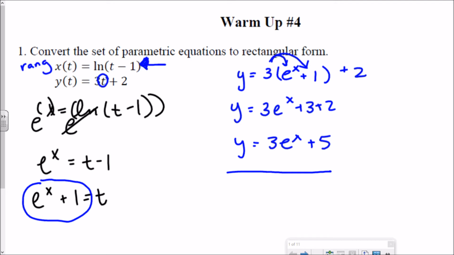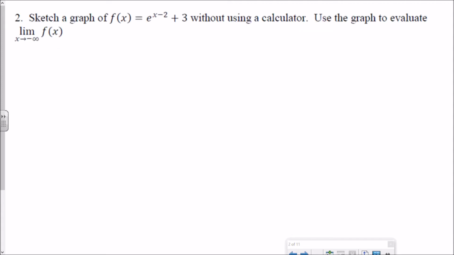Okay, because the output of your x's is all the possible x's, or all the possible domain here. So I have to think about the range of this function. Well, this is a natural log function, so it's going to look something like this. It's not perfect, but it's going to look something like this. And so this has an infinite range, which means that this function has an infinite domain. So there will be no domain restrictions on that one.